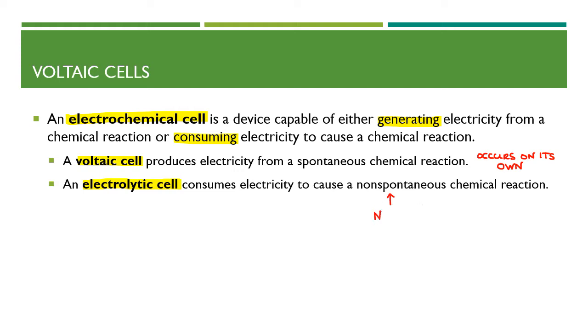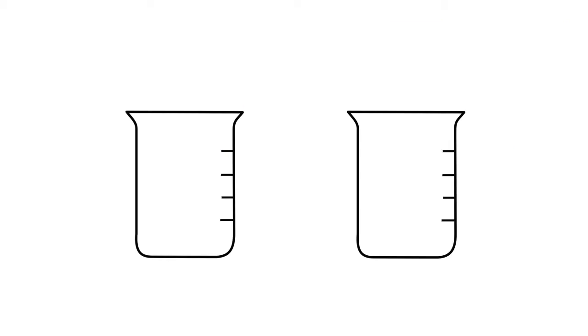So a non-spontaneous chemical reaction needs a little help, and it gets it from the electricity that it consumes during the reaction. So that's what you'd find in an electrolytic cell, a non-spontaneous chemical reaction that is carried out because it is supplied with electricity. So in this video, we are just going to be focusing on the voltaic cell.